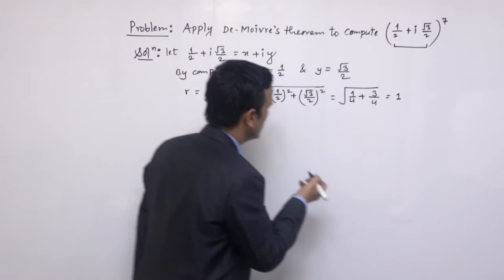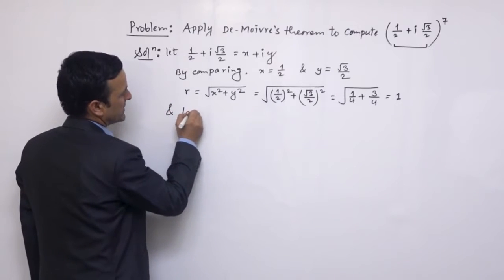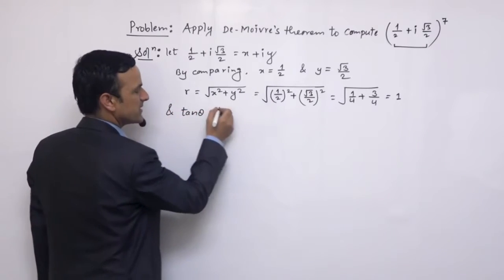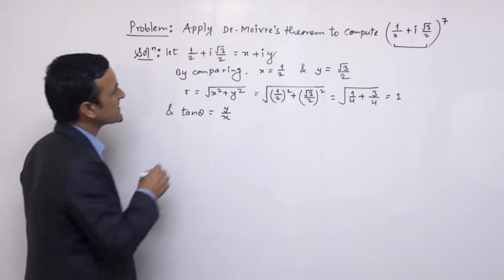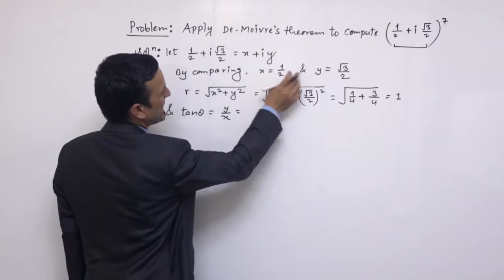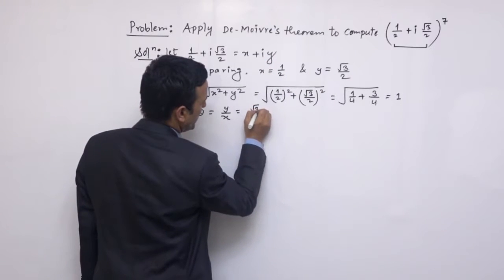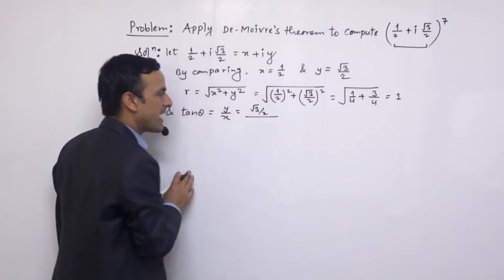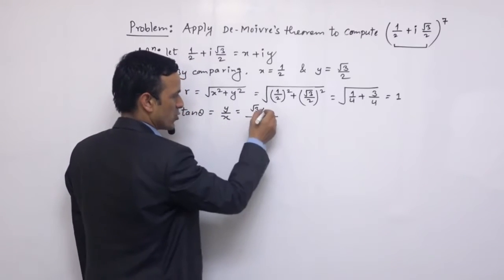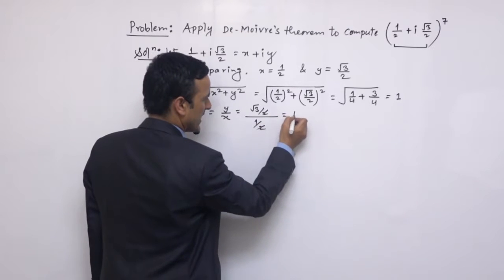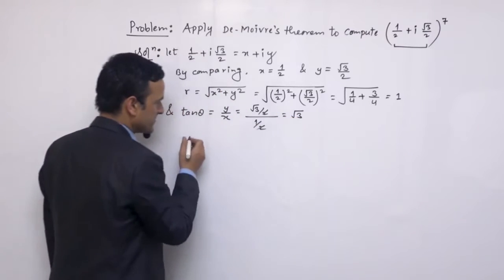So it is 1. Similarly, tan theta. So write down tan theta, which formula is this one, y upon x, and the value of y is root 3 upon 2 divided by value of x is 1 by 2. So we can cancel 2 into and finally we get root 3.